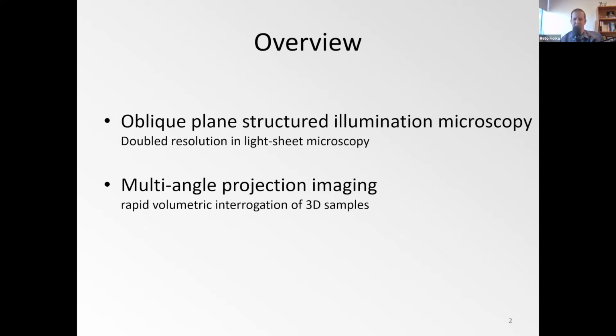It maps the 3D scene onto 2D, but I will also show extensions, how you can gather three-dimensional information from a small set of such projections. And finally, the two concepts can also be synergistically combined. So the oblique plane microscope with structured illumination can also be combined with the projection method.